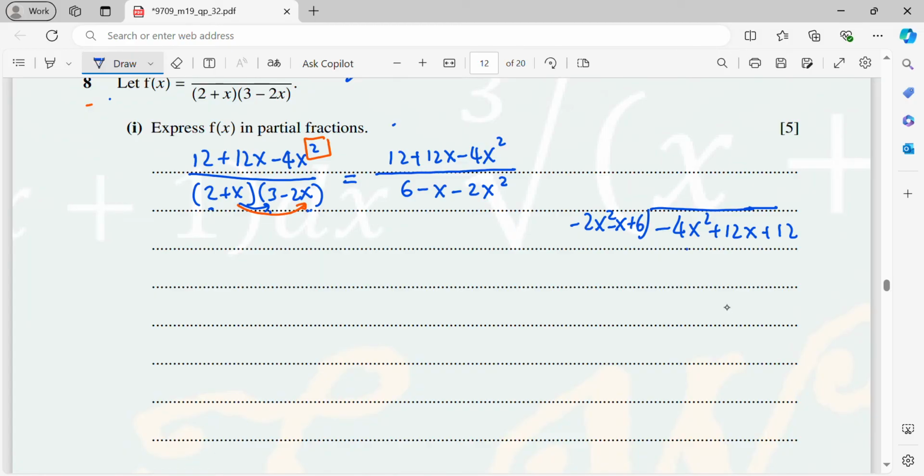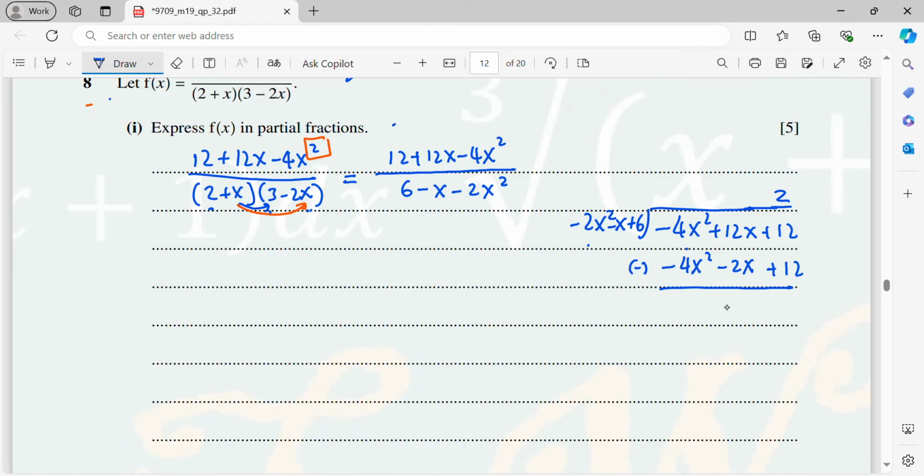To get negative 4x squared from negative 2x squared, we need to multiply by 2. Therefore, 2 times negative 2x squared is negative 4x squared. Then 2 times minus x is negative 2x. Sorry, the 2 should be at the back. Then 2 times plus 6 will be plus 12. When you subtract, the first term will be 0.